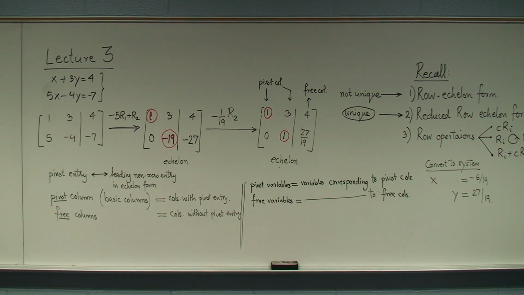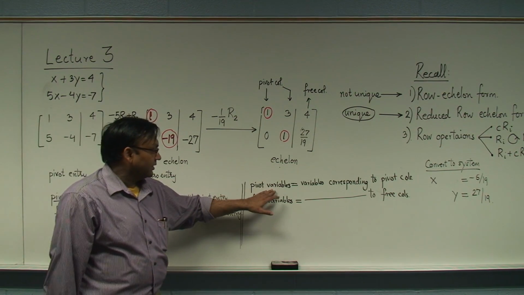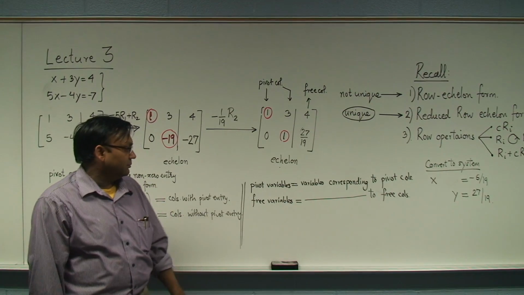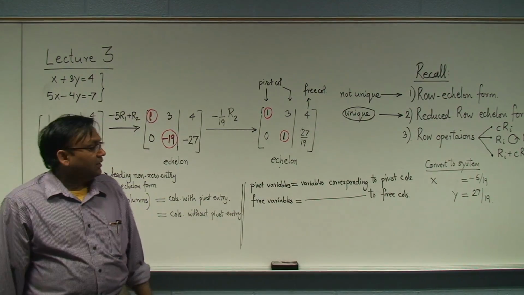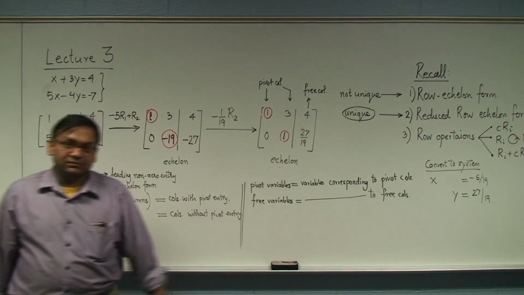Now I'm going to make a very obvious statement right now, but the obvious statement will later on turn out to be something of a very significant value to us. What I'm going to say is as follows. If I take all my pivot variables and all my free variables, add them together, then that will give me the total number of variables.